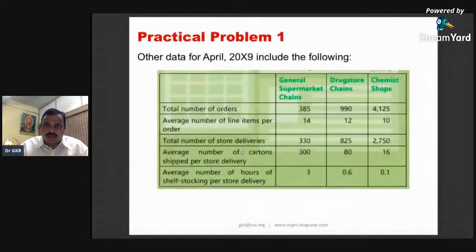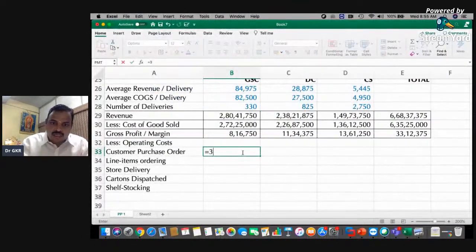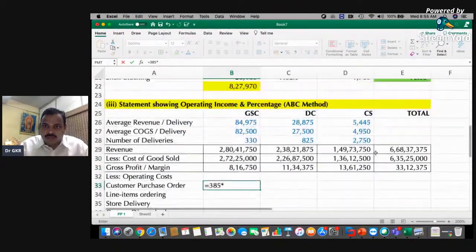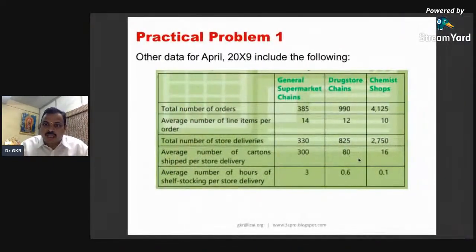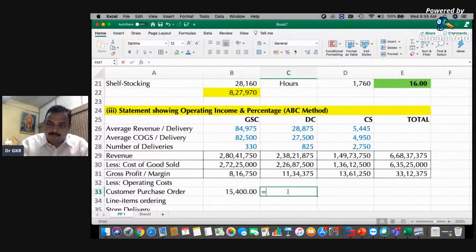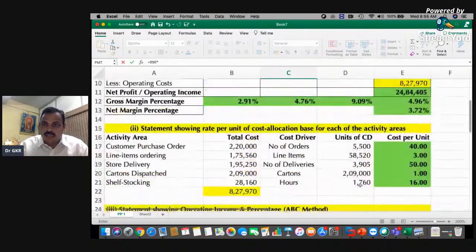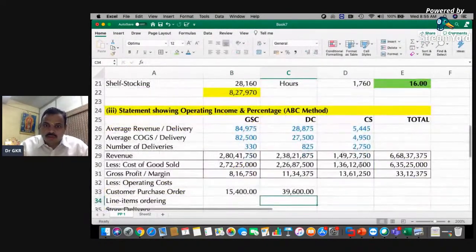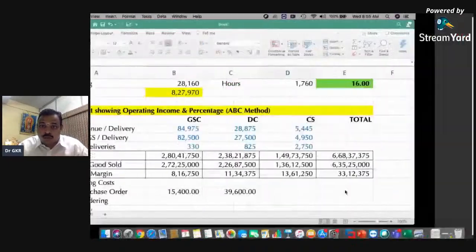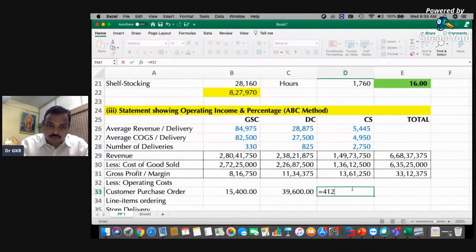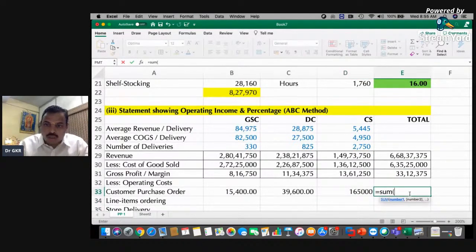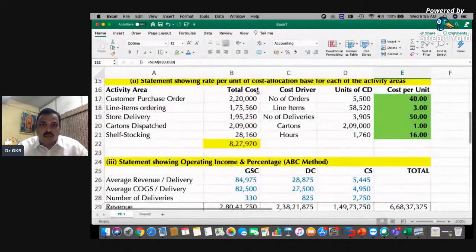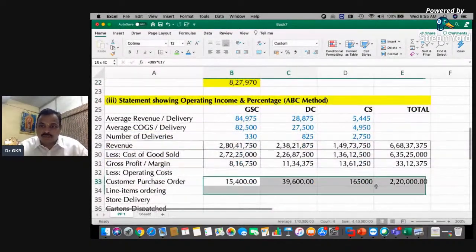The customer purchase order is 385. So 385 into 40 rupees. Good. Similarly, 990 into 40. Similarly, 4,125 into 40. So this is your total, guys. So what is your total? 2,20,000. So your 2,20,000 has now been distributed to all the three.